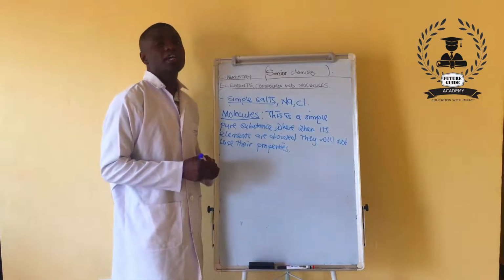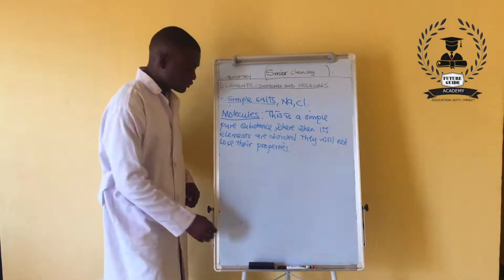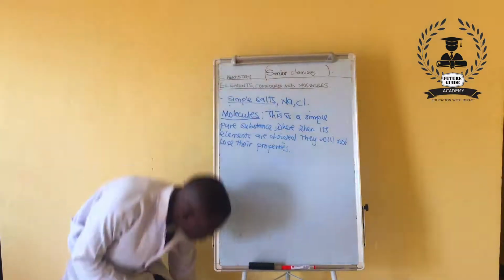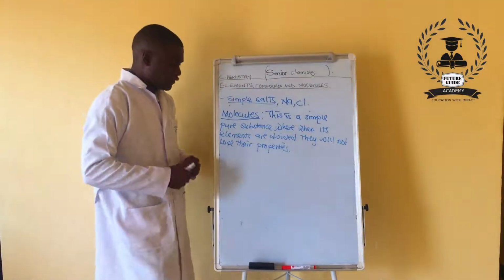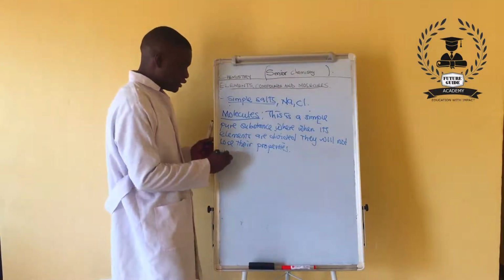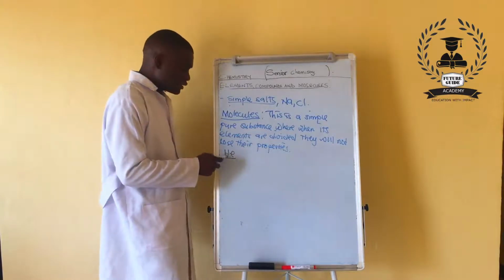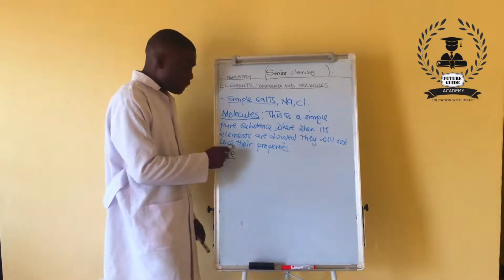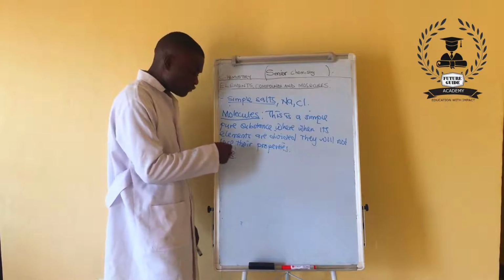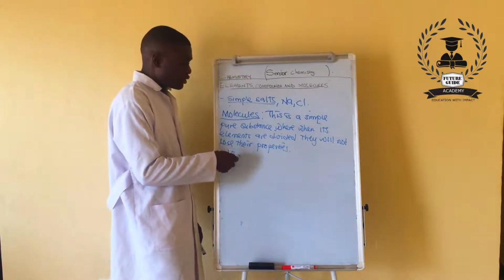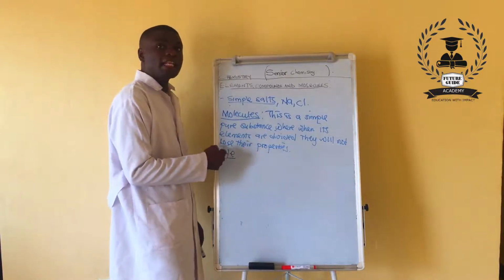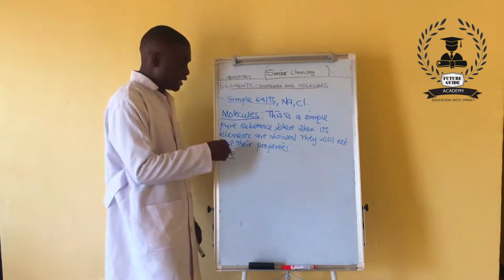For instance, helium, which is He, exists as a molecule. Why? Because the outer shell of this element is already stable. And this one is a non-metal.